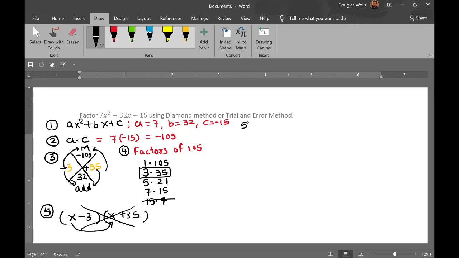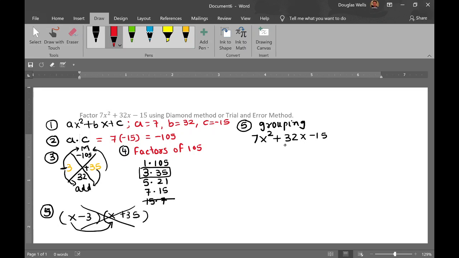So what we have to do is use a method called grouping. In order to do grouping, first we write the question, 7x squared plus 32x minus 15.